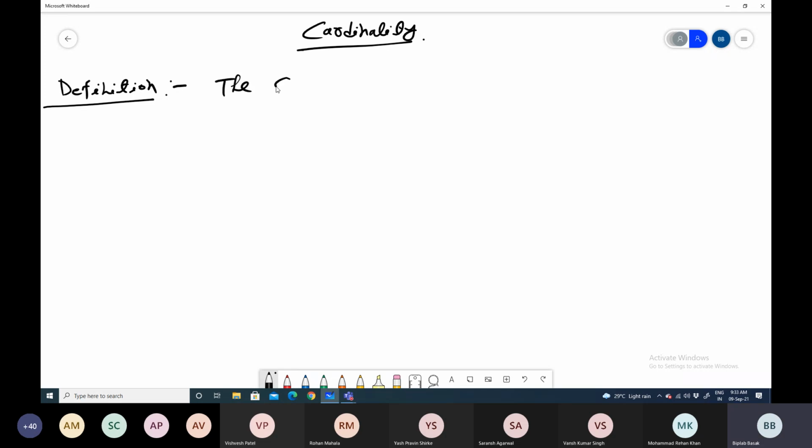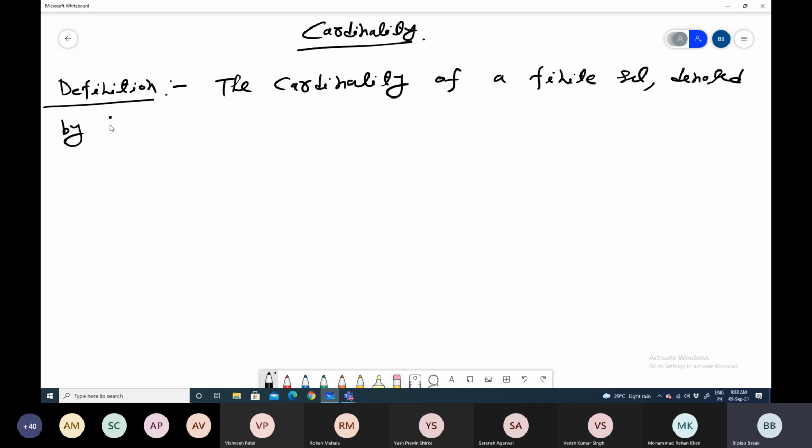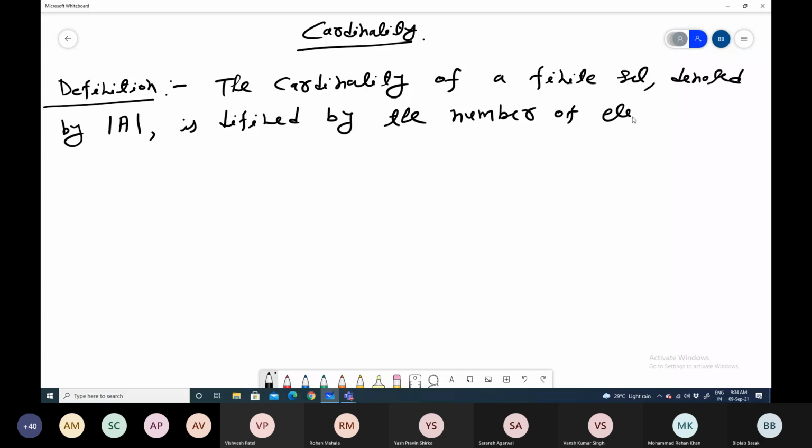The cardinality of a finite set A, which we generally denote by this symbol, is defined by the number of elements of A. So for a finite set, we can define the cardinality as the number of elements of the set.